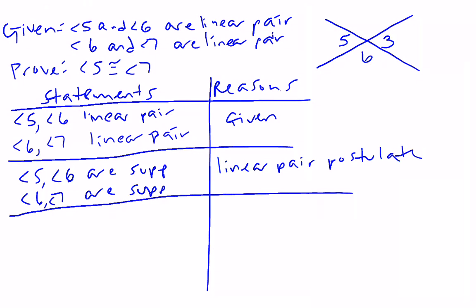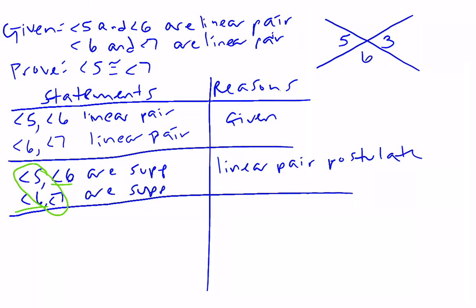If you remember way back from Tuesday when we first started looking at proof, one of the ones we did was the congruent supplement theorem. And if you notice in this line, they both have angle 6. And what we concluded from the congruent supplement theorem is that if two of the angles are supplementary to the same angle, then they are congruent.